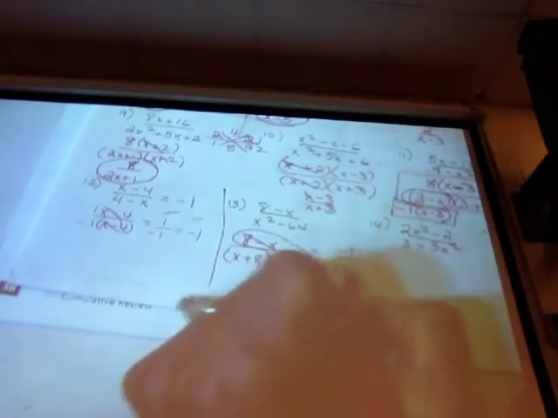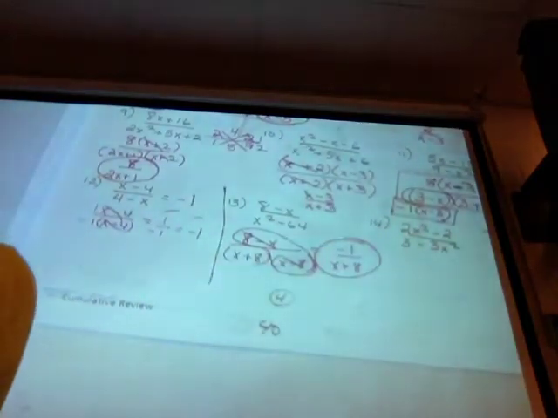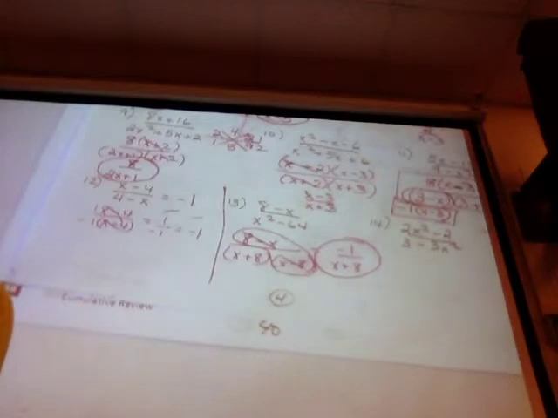What does this equal right here? Negative 1. So I can cancel this out and say it's negative 1 over x plus 8. Okay? Got it?